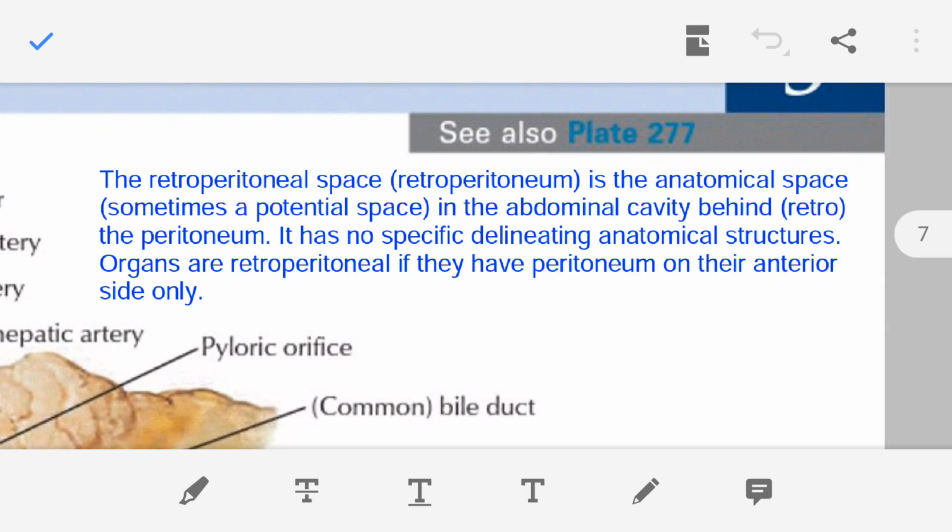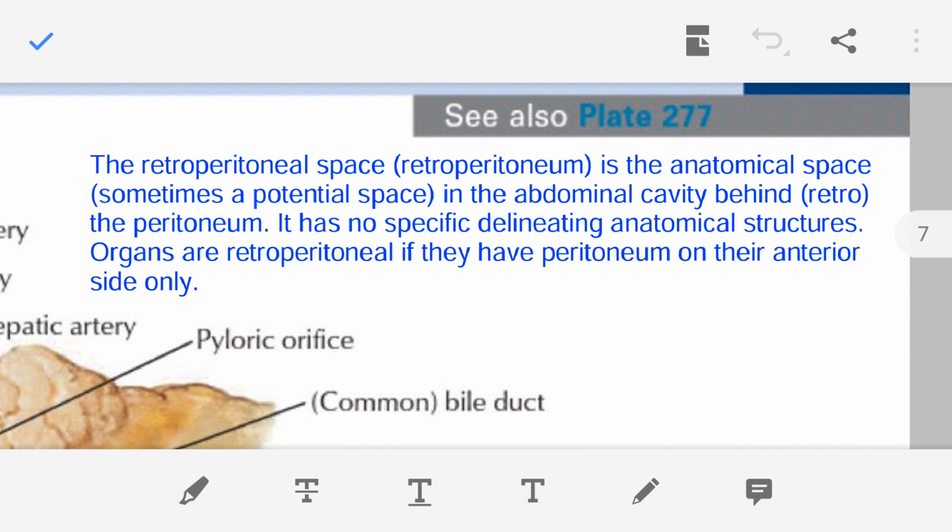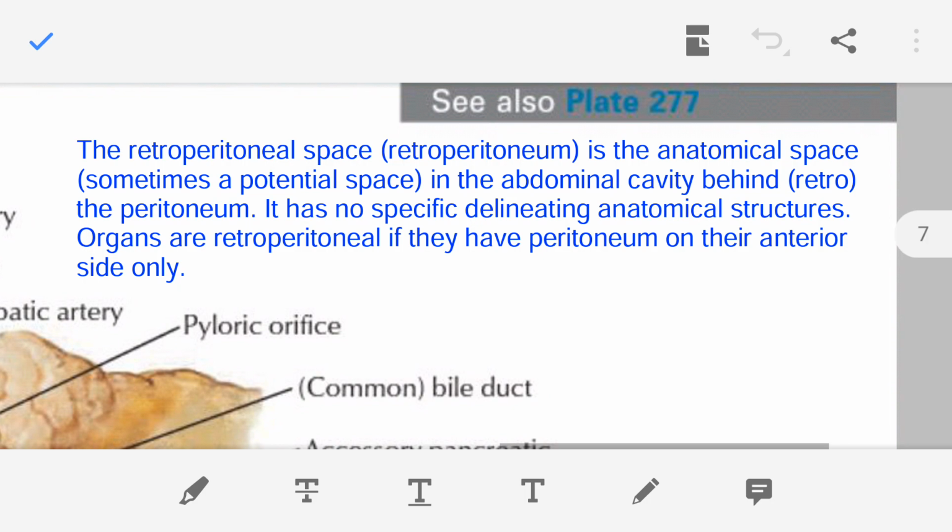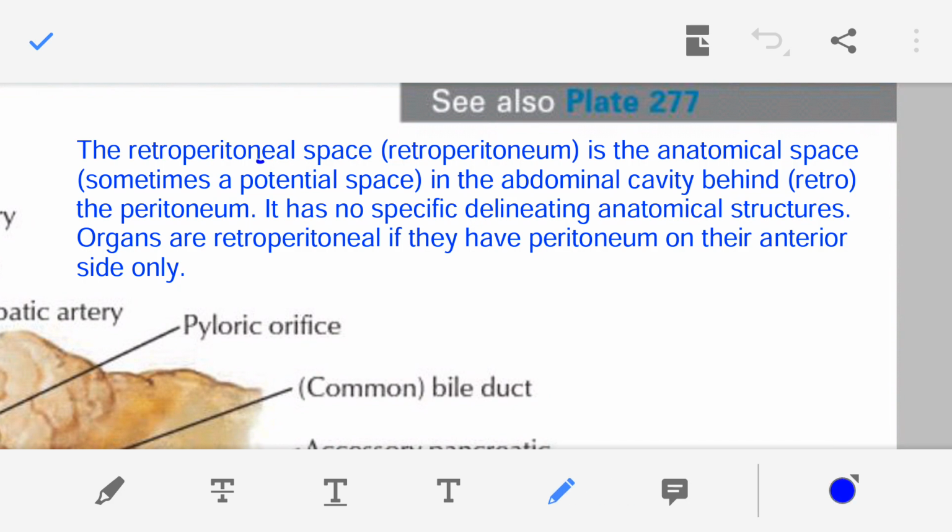Now what is the meaning of retroperitoneal? So here, as you can see, the retroperitoneal space is the anatomical space in the abdominal cavity behind the peritoneum.